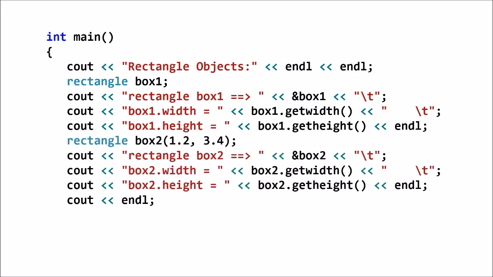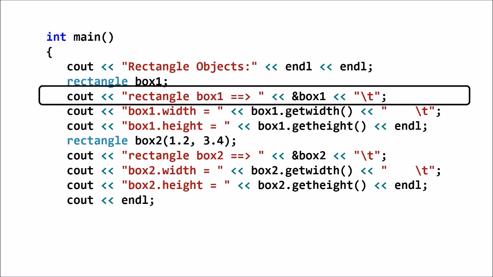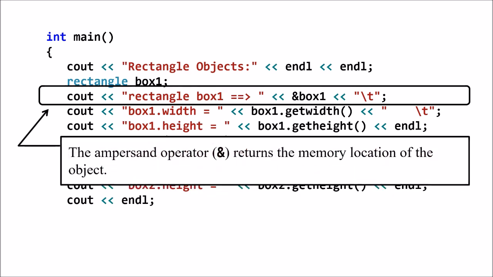After declaring an object of the class rectangle and giving it a variable name, box1 in this case, the program then prints out some information about this object. It starts by printing out a bit of text to show us what it's doing, and then the ampersand operator is used to return the memory location of this object.